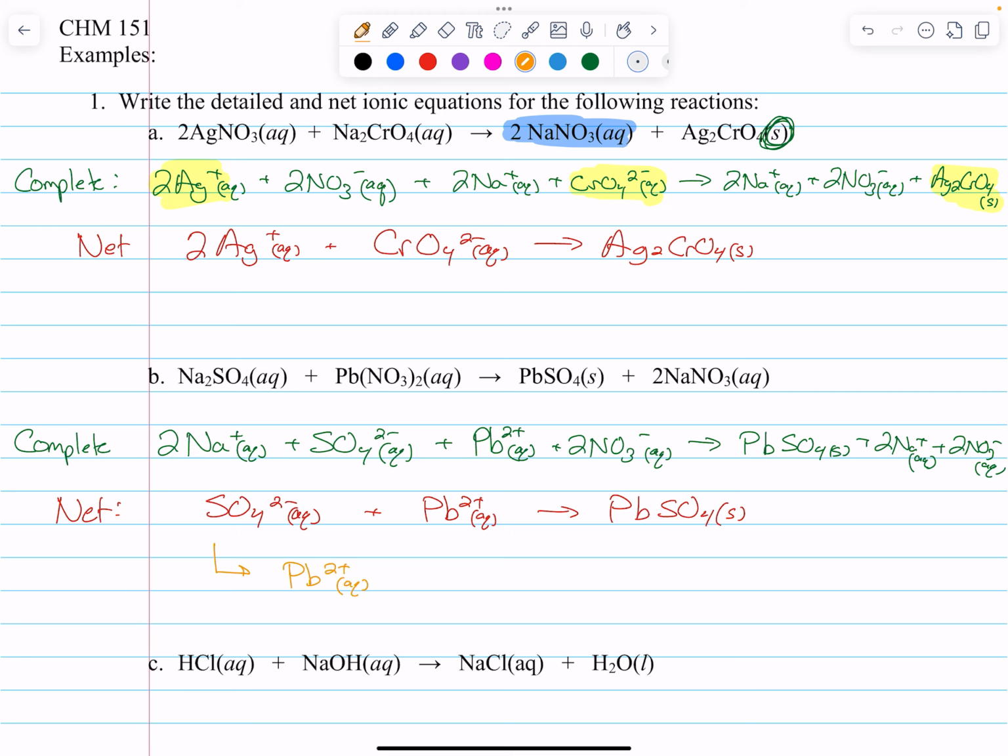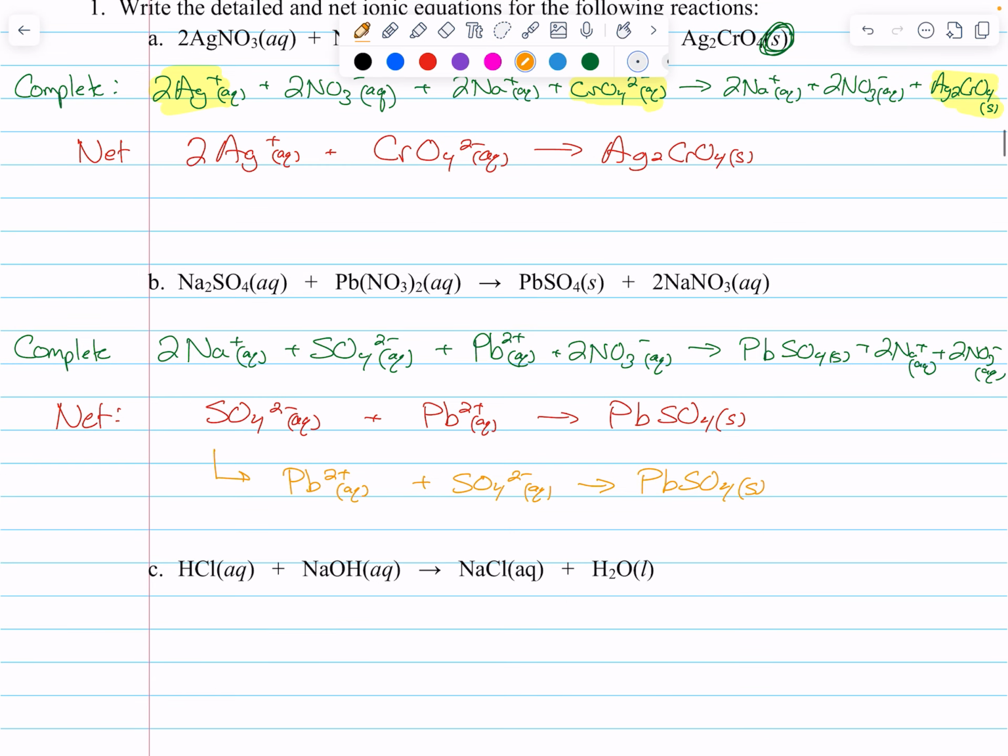They'll just switch it on you, because as we learn this, it's always cation, anion, cation, anion. A lot of times people just switch it without even thinking about it because we do it so much. And that's okay. If you put sulfate first, it should be fine for me. But just so you know, the answer key will probably be in orange instead of the red.